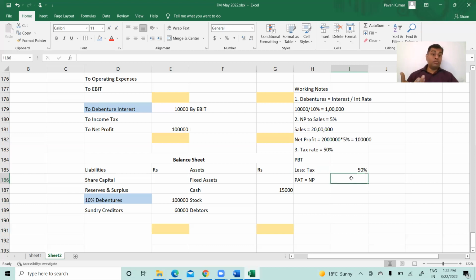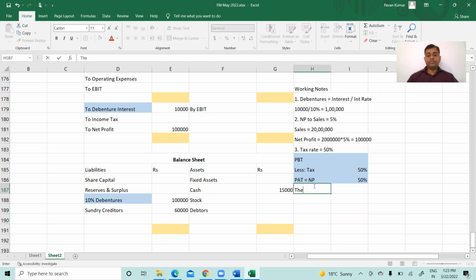In many problems we have seen, if tax rate is 50%, tax and PAT will be the same amount. Do you understand this, all of you? Please tell me. I need response from the remaining people. They have given tax rate 50%. That means it is 50% of PBT, isn't it? That means PAT will be another 50%. So from this, can I say, therefore, tax is equal to PAT?